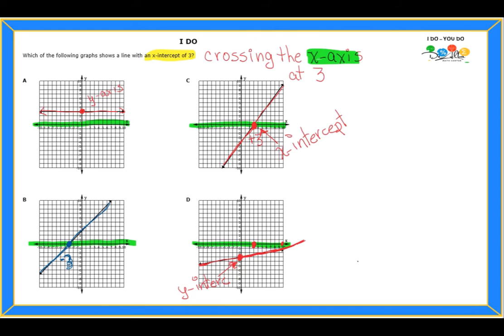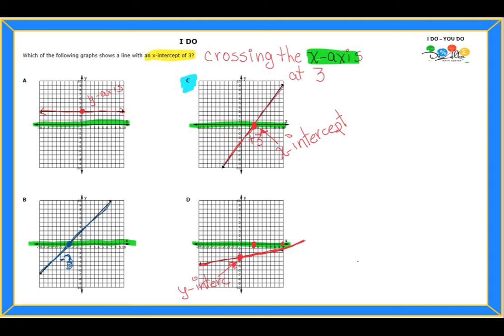But if it was, I would need to find 2 points, find the slope using the formula y sub 2 minus y sub 1 over x sub 2 minus x sub 1, and then use the equation of the line in slope-intercept form, y equals mx plus b. But I don't need to do that much, because I can recognize that my answer is letter C. That's where the line crosses the x at exactly positive 3.